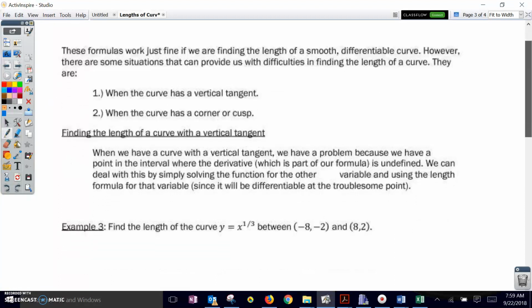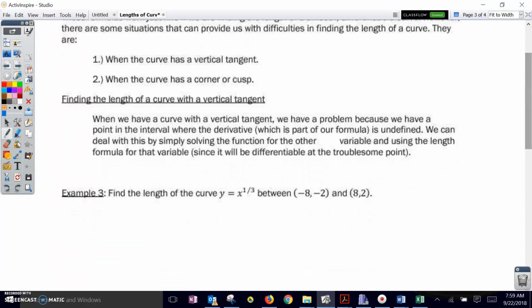In example 3 here we have a curve that if we actually looked at the graph of this curve, we'd see that there's a vertical tangent that exists at x equals 0 because the derivative is undefined there. And that can pose a problem for us when we're trying to find the length of the curve because of what's going on in our integrand.